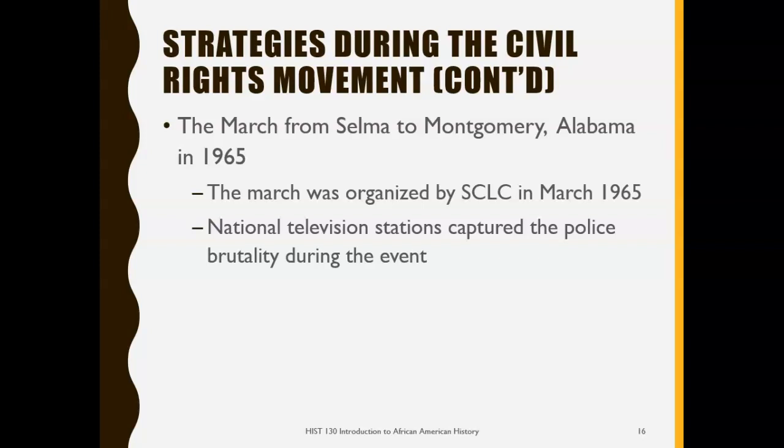They used different means to stop the march, but the marchers managed to complete this march. And there's also a movie on this event if you are interested.